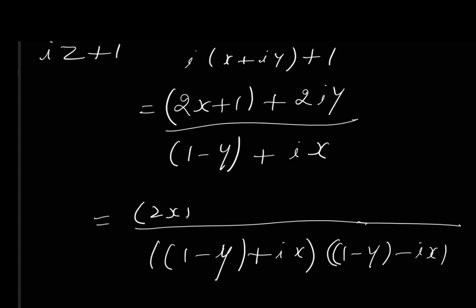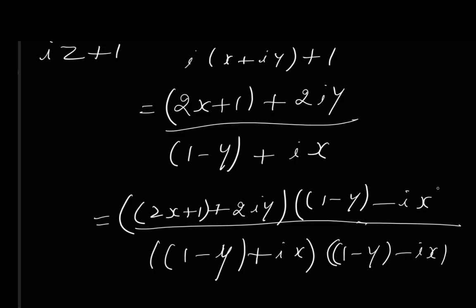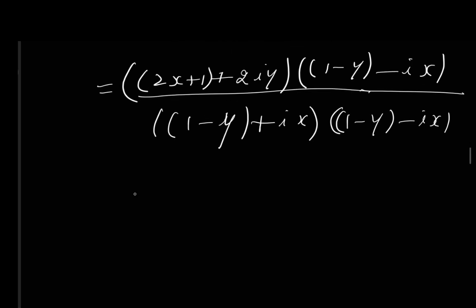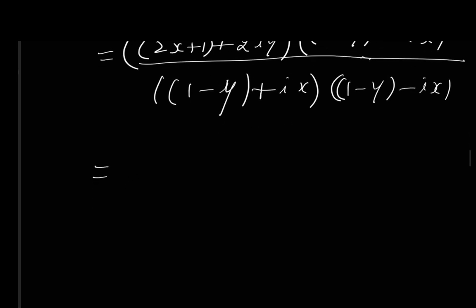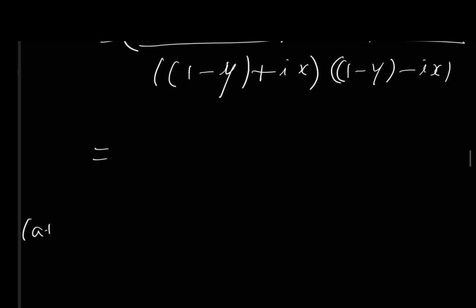This is (2x plus 1 plus 2iy) into (1 minus y minus ix). So we know the denominator is (a plus ib) into (a minus ib), which is equal to a squared plus b squared.